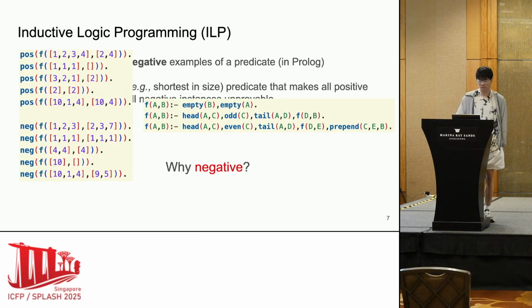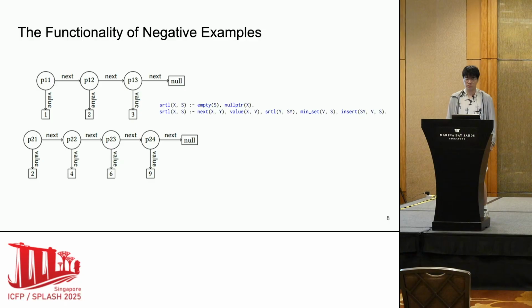But the problem here is that in ILP you need negative examples, but in general, when we think about data structures, we are thinking about the positive ones. So we want to first figure out why we need the negatives in the traditional setting. See, we want to learn a sorted list, which is essentially a singly linked list but with the min set restriction saying that it is sorted.